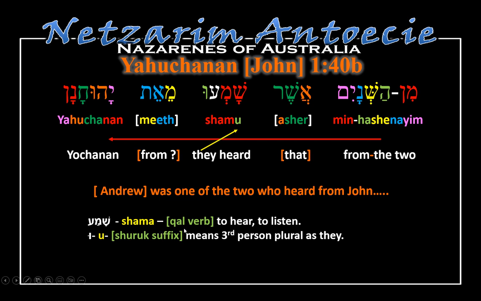And I've given you Shema as a call verb to hear, to listen. And I've also explained that the U sound, it's a shuruk suffix. It means third person plural as they, but not always. It depends who's speaking to. So therefore, it's third person in this case.